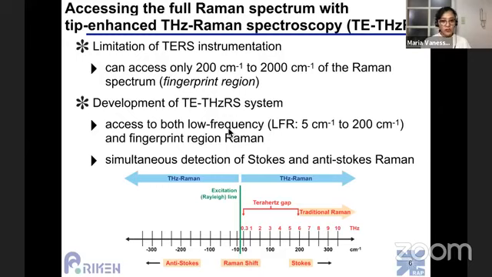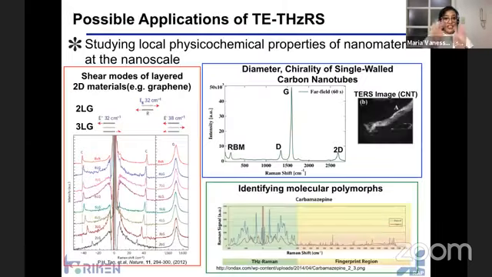Please do not confuse this with the terahertz wavelength, which is in the far infrared. That's totally different. Here, terahertz simply means low frequency, basically from 5 wave number to around 200 wave number. These frequencies are near the Rayleigh line or excitation line, and here we can simultaneously detect both the Stokes and anti-Stokes Raman. These aspects I will show you in this slide.